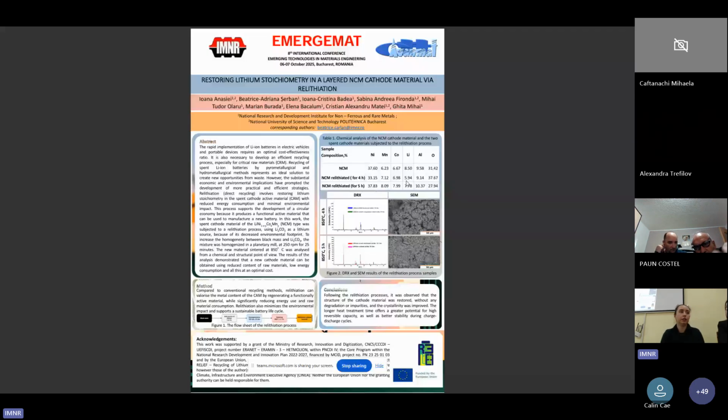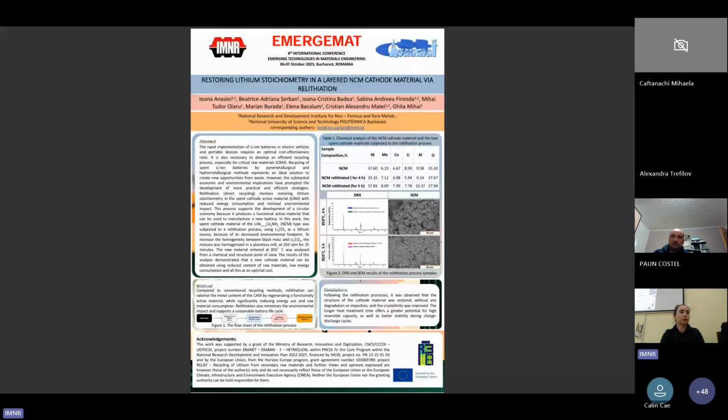The recycling is safer, and the economical and environmental impact is lower. We use in this process lithium carbonate as a source of lithium because it's safer and the economical impact is lower.